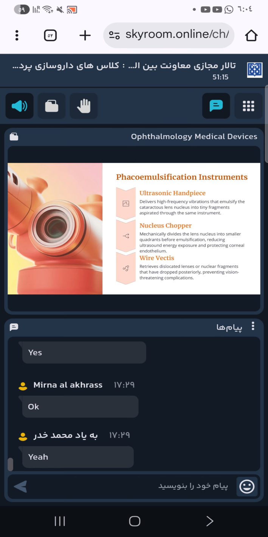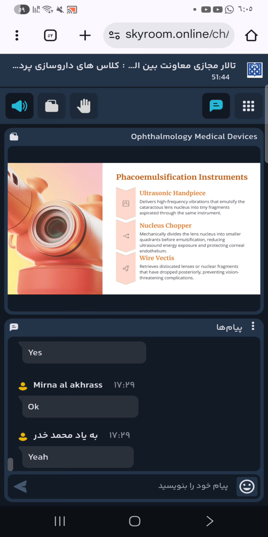You have an ultrasonic handpiece that delivers high frequency vibration and results in emulsifying the lens. What kind of lens? Of course, you don't crush the healthy lens. Cataractous lenses. It crushes and makes an emulsion, like tiny fragments, through the same instrument.